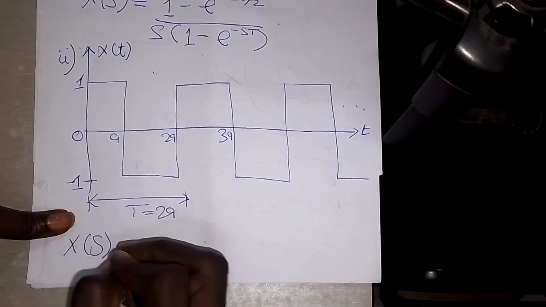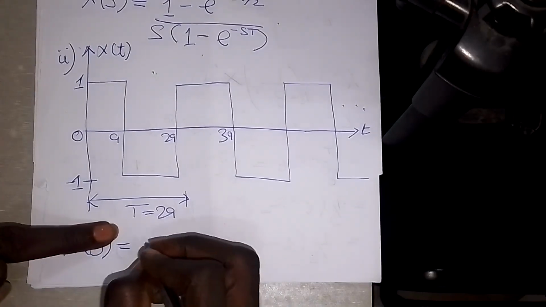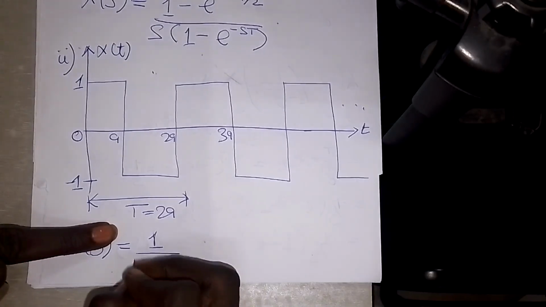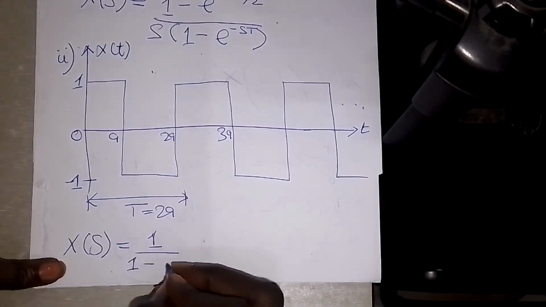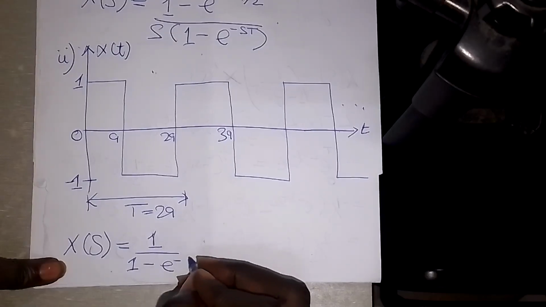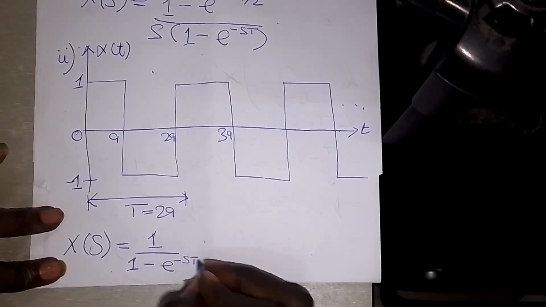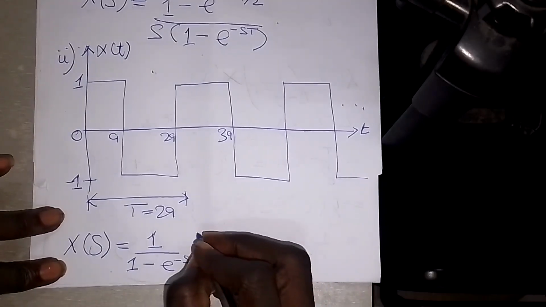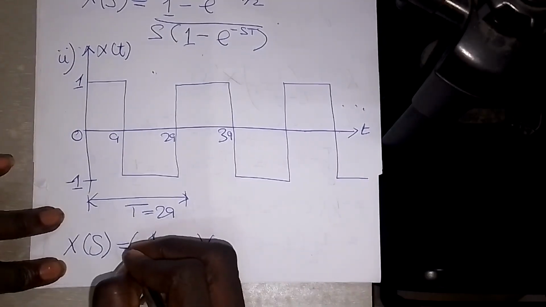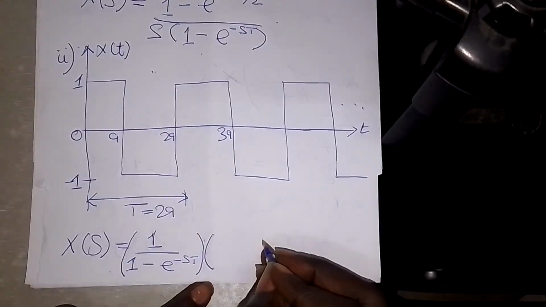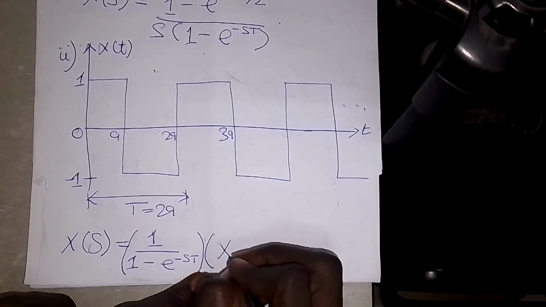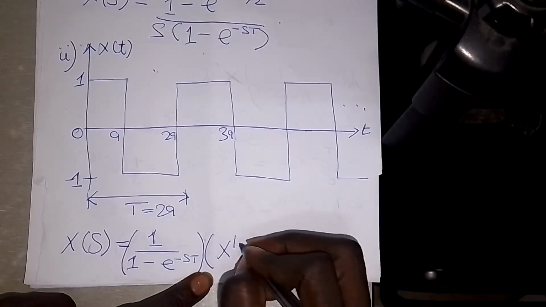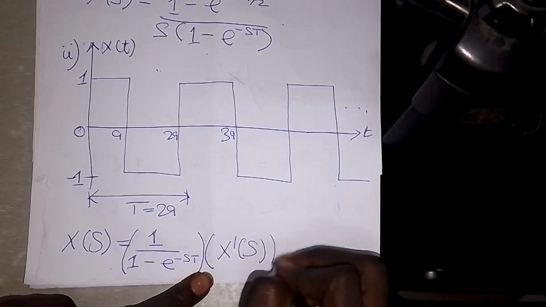The transform is X of s, which equals 1 over 1 minus e to the minus sT, where this T is for the period, multiplied by X prime of s.